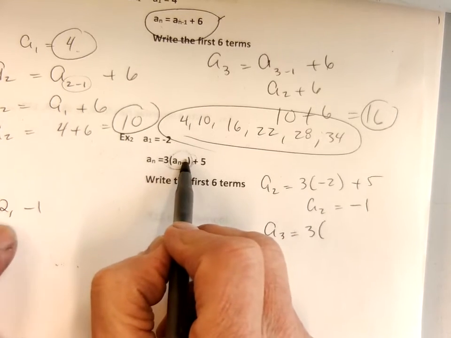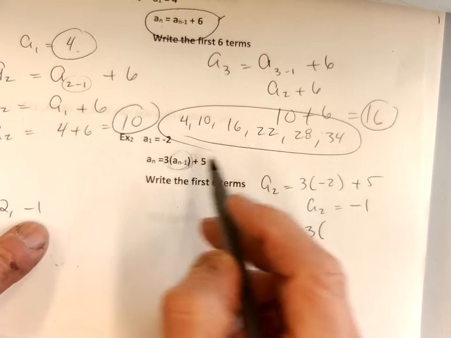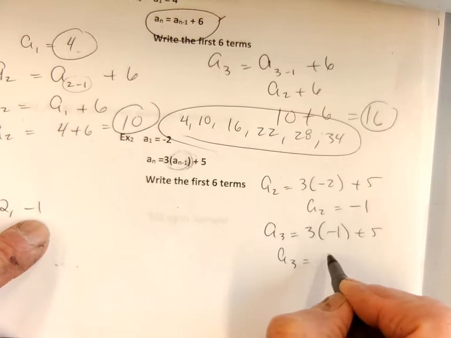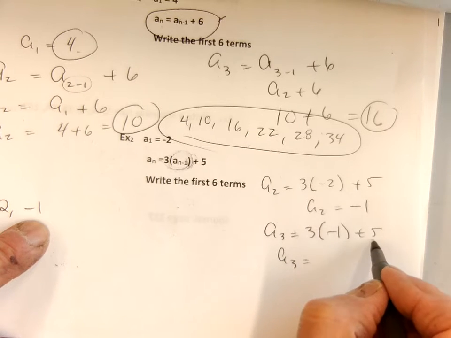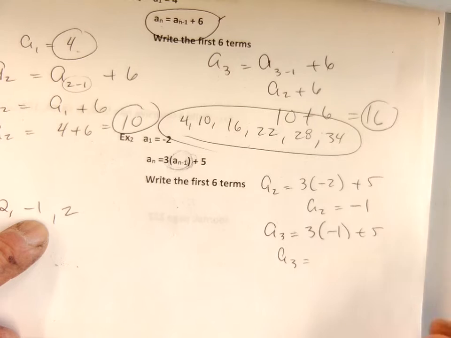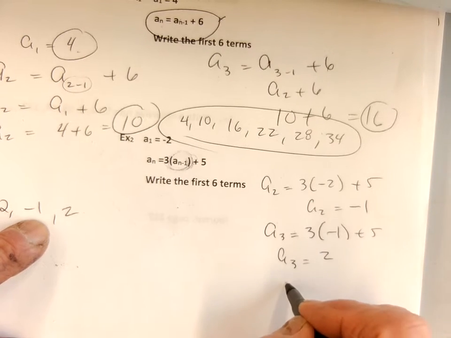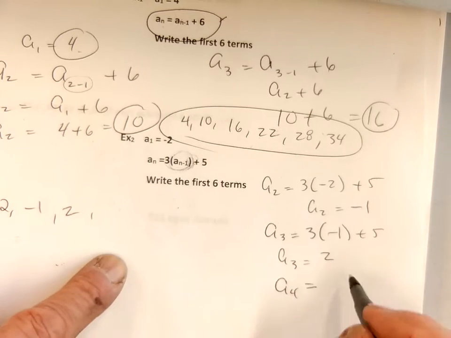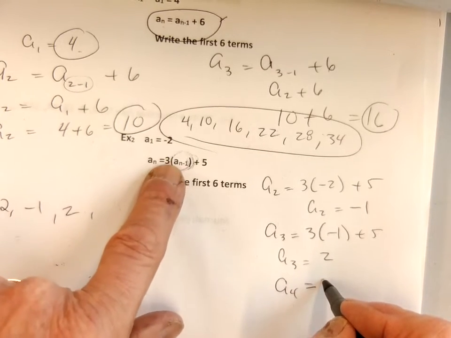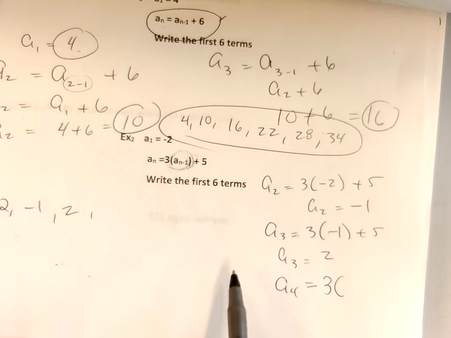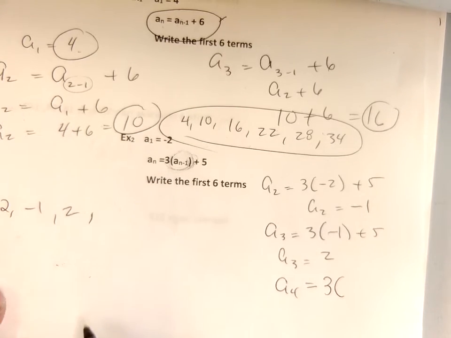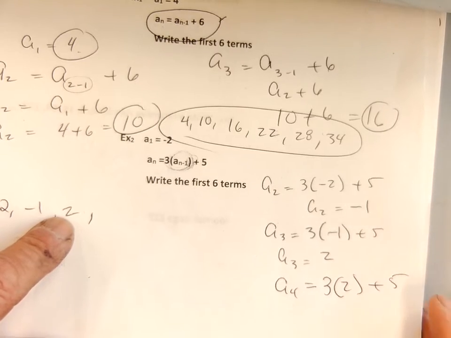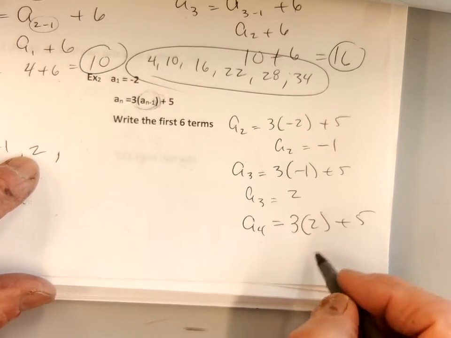Now, which one's the previous term? Negative 1, plus 5. So A3 is negative 3 plus 5, which is 2. If I want to find A4, I take 3 times the previous term. What's the term I just wrote down? 2, plus 5, and then I'm going to get 11.